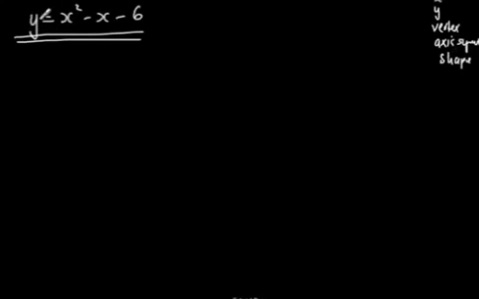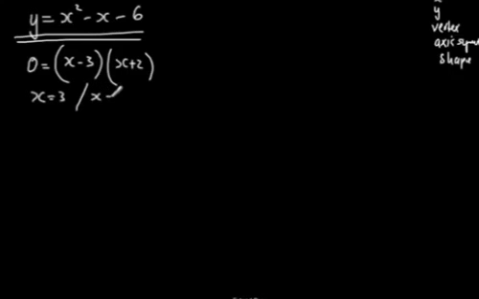So if I want to solve for x, I set y equal to 0. We've seen that we could factor this in previous videos. That's going to factor to (x minus 3)(x plus 2). That will give me that x is equal to 3, or x is equal to negative 2.